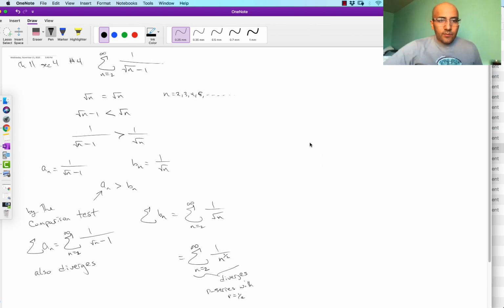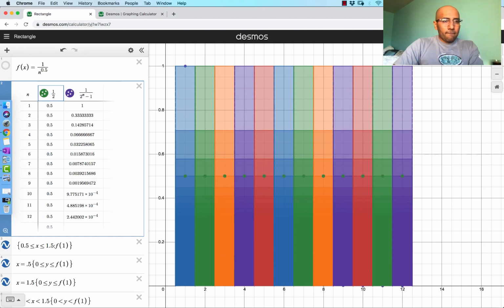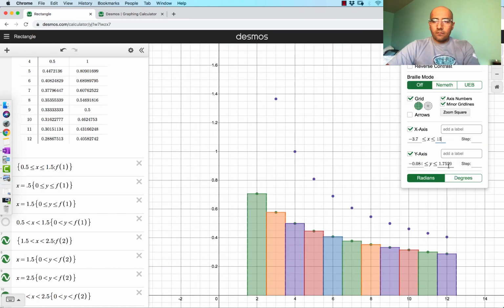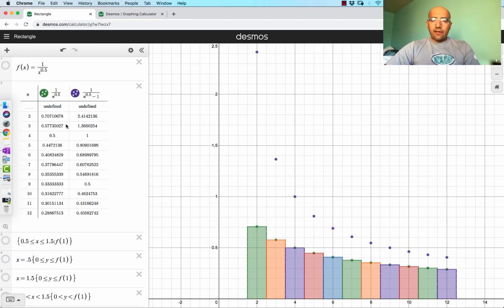Let's look at this one on Desmos. Okay, so here we have a visual representation of our question. The purple dots are the individual terms of the sequence we're interested in, 1 over the square root of n minus 1.